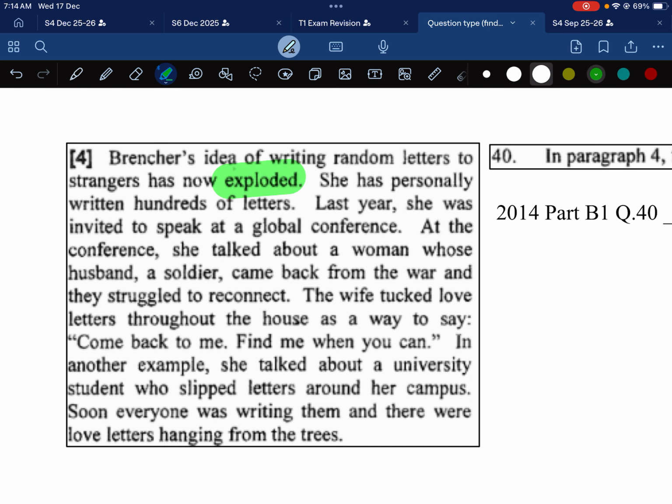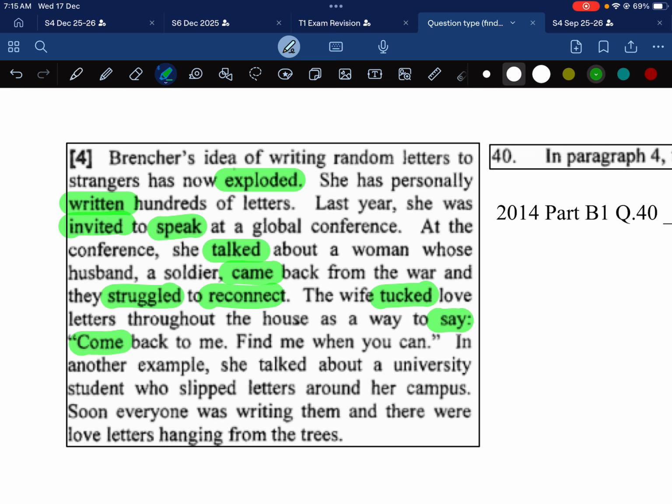For example, exploded, okay? You see the thinner highlighter. Exploded, written, invited, speak, talked, came, struggled, reconnect, tackled, say, alright?